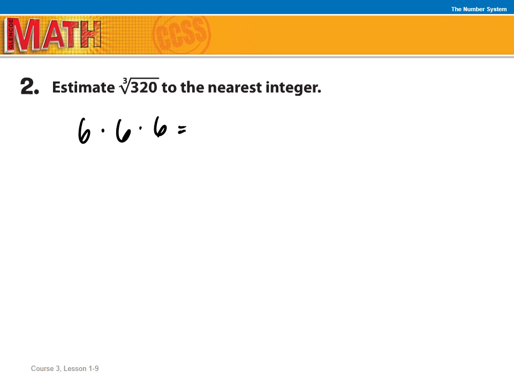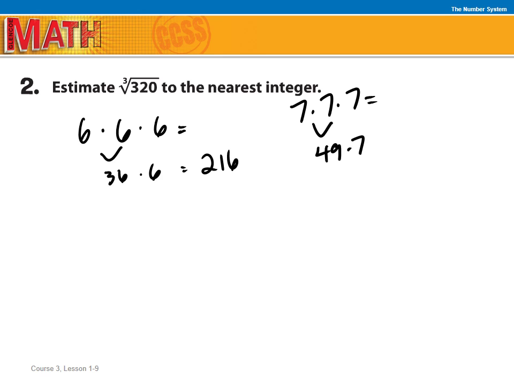Let's see what I get with 6 to the 3rd power. 6 times 6, 36. 36 times 6, 216. That's still pretty far from 320. Let's try 7 times 7 times 7. 7 times 7, 49. 49 times 7, 343. So the best estimate for the cube root of 320 would be 7.